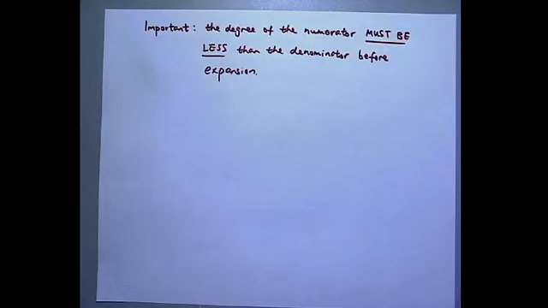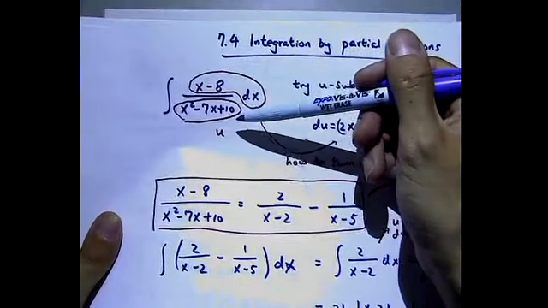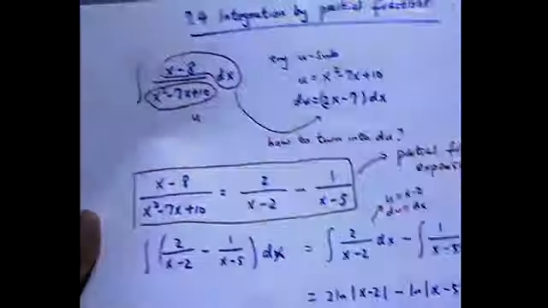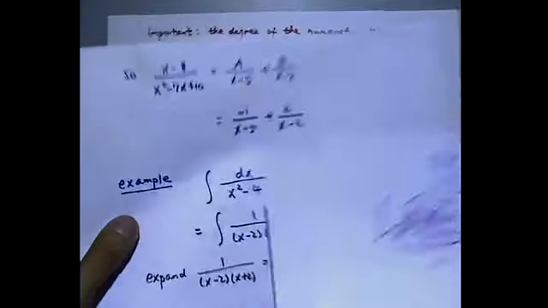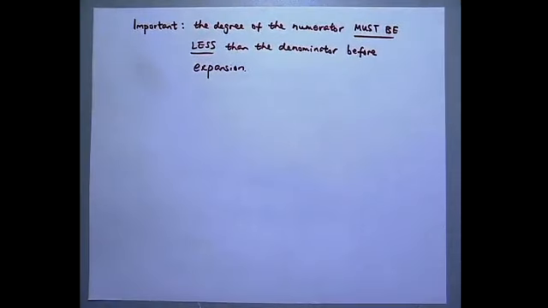Notice that's the case with every example we have seen today. In the first one, we have a second degree downstairs and first degree up. So the top had a lower degree. And then same thing with the next one and so on. That's the thing you have to make sure you have before you do any expansion.